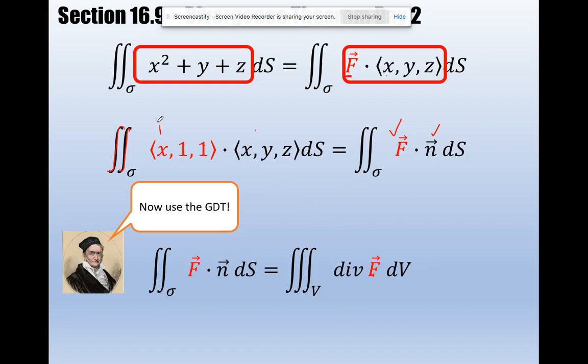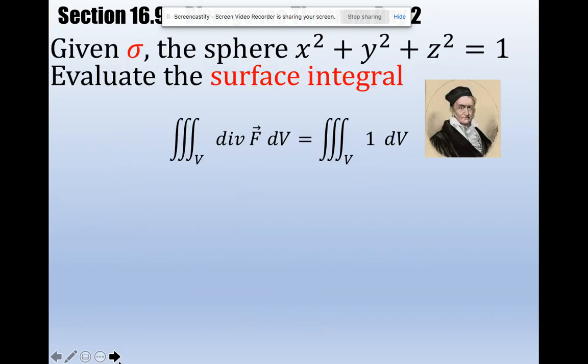Nope, here it is. P, Q, and R. So the divergence is just partial of P with respect to x, partial of Q with respect to y, partial of R with respect to z. So the divergence was 1. So my integrand of the triple integral by the GDT is just going to be a 1.